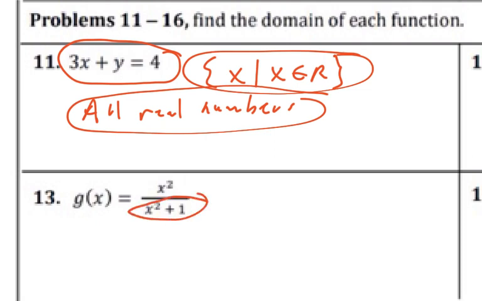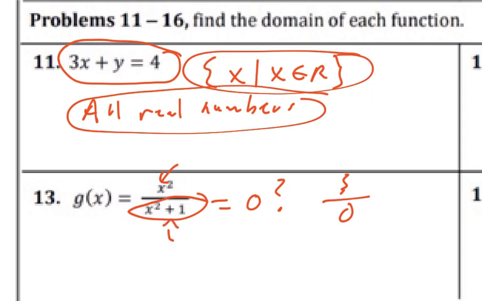See that x squared plus 1 in the denominator. Can this equal 0? That's the key thing, because remember, we can never divide by 0. I can't plug in a value and have something divided by 0 down here.